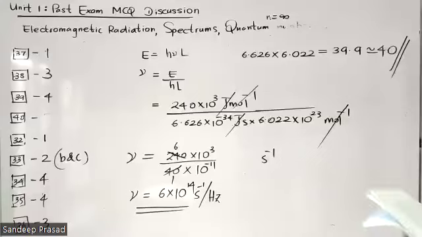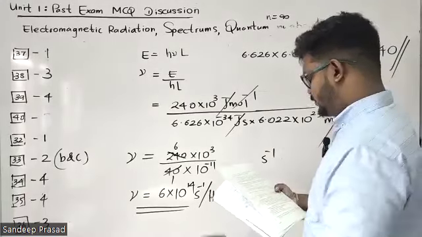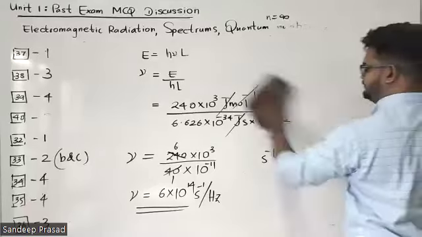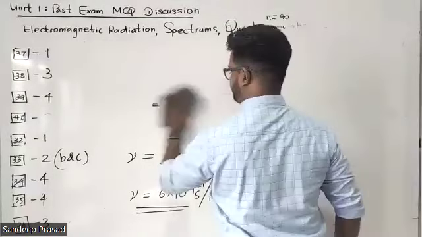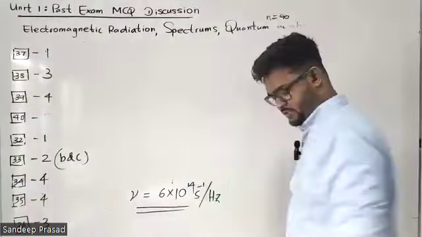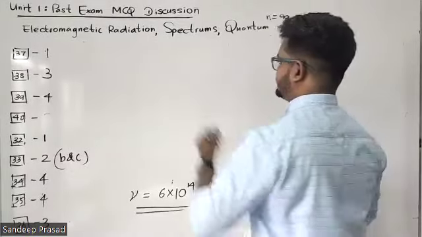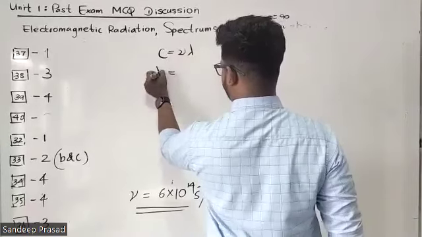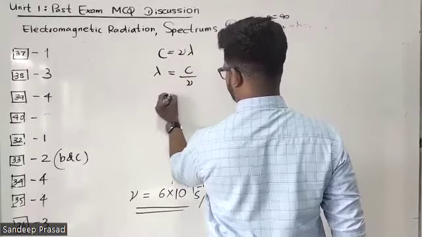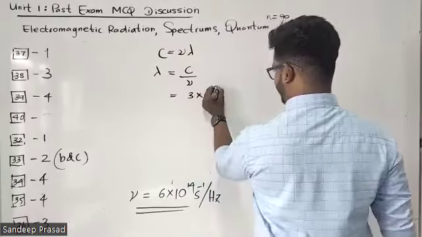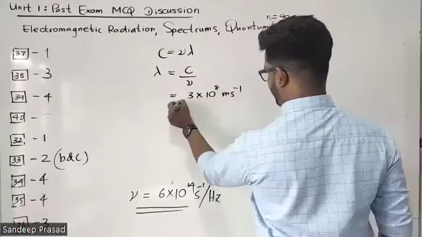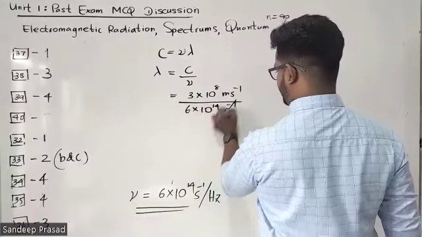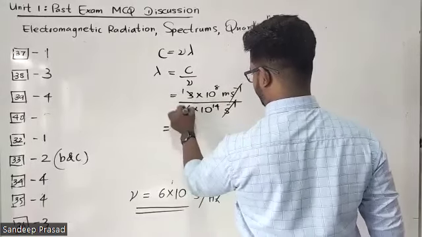So how do you find out the wavelength? We can find out the wavelength in this way. c equals nu lambda, so lambda is equal to c over nu. Velocity of light is 3 × 10 to the power 8 meters per second, and the frequency is 6 × 10 to the power 14 per second. Per second will cancel off, 1 here, 2.